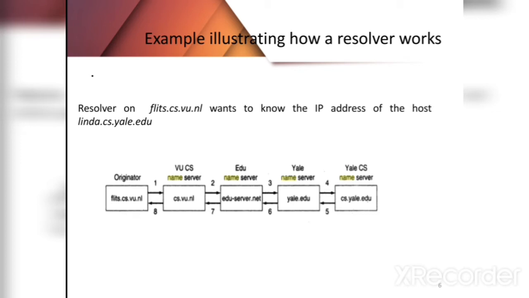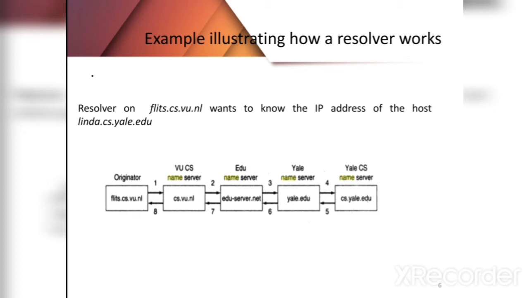We'll see the details about type A in the next slide. Suppose the local server doesn't have the response, it approaches the next server. Here first it will be approaching the server cs.vu.nl.